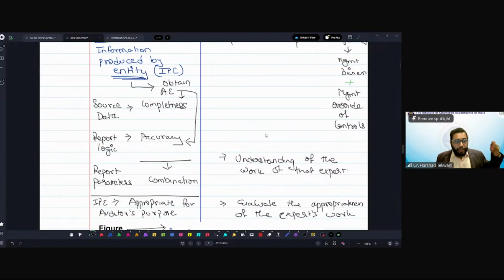Along with that, we need to perform procedures to understand whether the information produced by the entity and used by the management expert is reliable, complete, and accurate. These go hand in hand when the information produced by the entity is used by the management expert, and that happens a lot of times. So it is a pretty common thing.